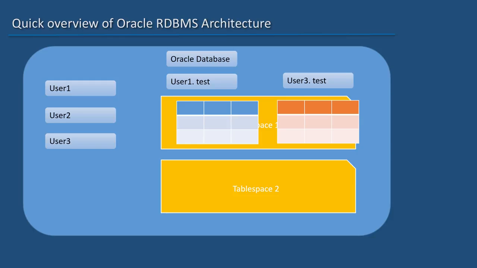Also, if needed, it can be stored in the same table space. Note that they both are different tables. One is user1.test and the other one is user3.test. I named both the tables as test to explain the difference.